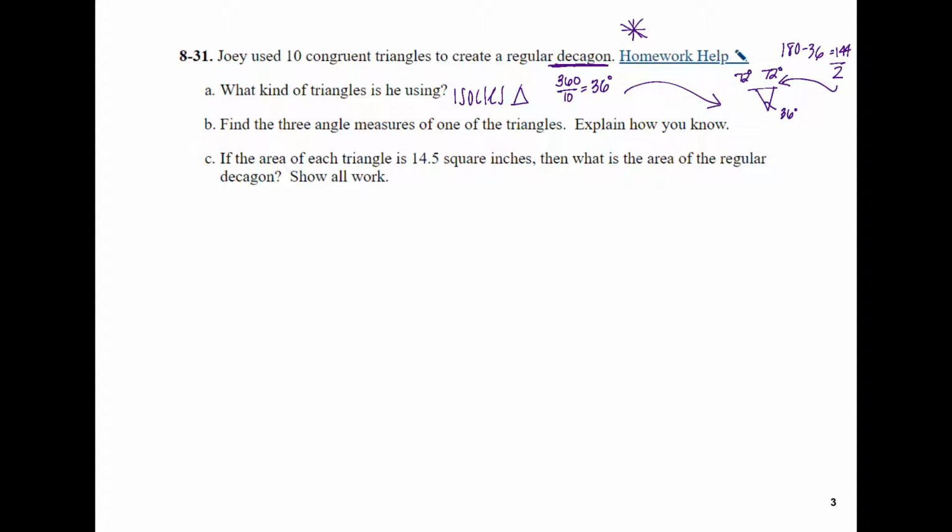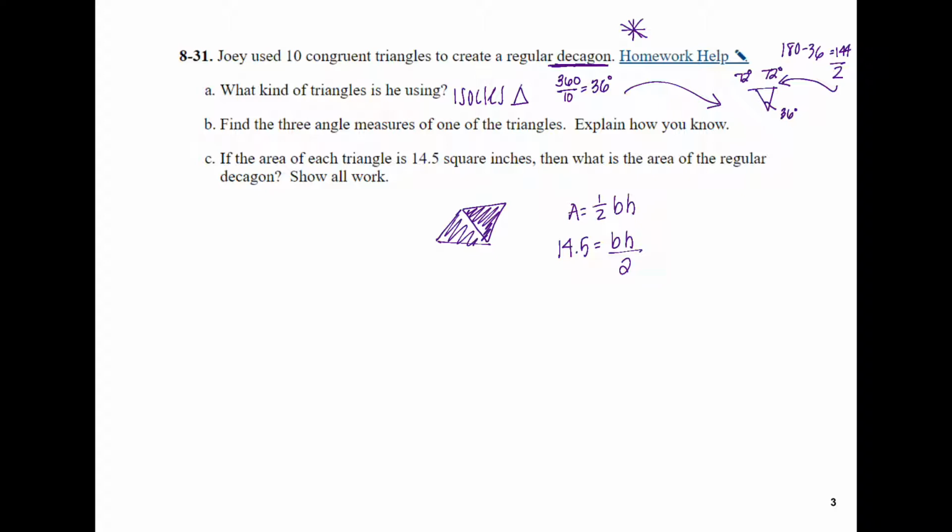If the area of each triangle is 14.5 square inches, then what is the area of the regular decagon? So when we look at our area of our triangle, area equals 1/2 base times height. If our triangle is 14.5 square inches, I know that there is 10 of them, so we have 10 triangles that make up our decagon.